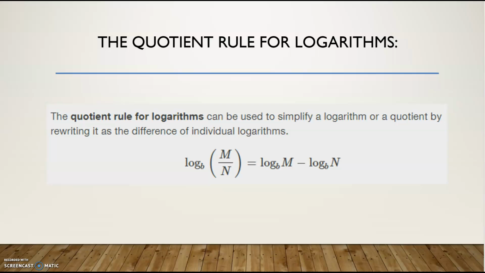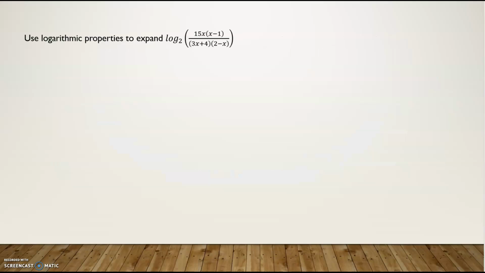Now the quotient rule: if you have log base b of m divided by n, then you can expand that out to log base b of m minus log base b of n. So like this one, notice we've got two things going on. We've got two things multiplied together, and we've got division.